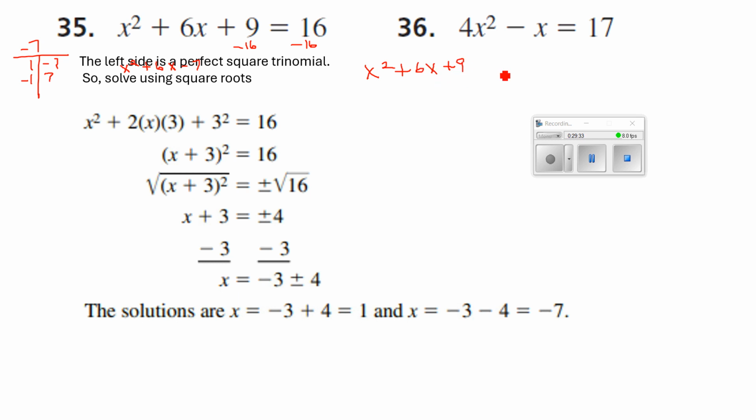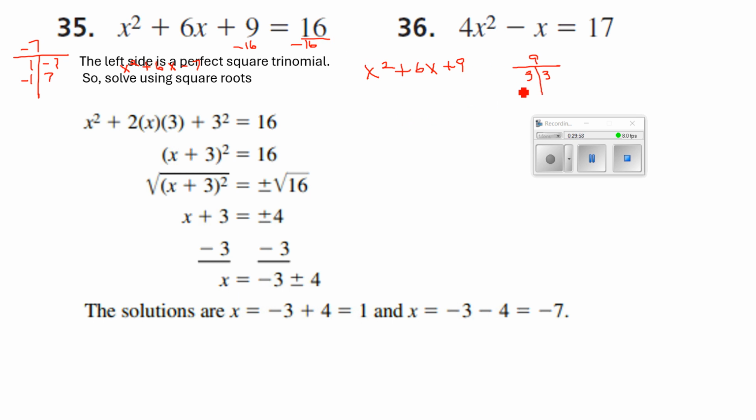So if I took 1 times 9, that's a factor of 9, right? And that I could take 3 times 3, right? And that would give me 9, but then add up to 6. So I can do that because 16 is also a perfect square.